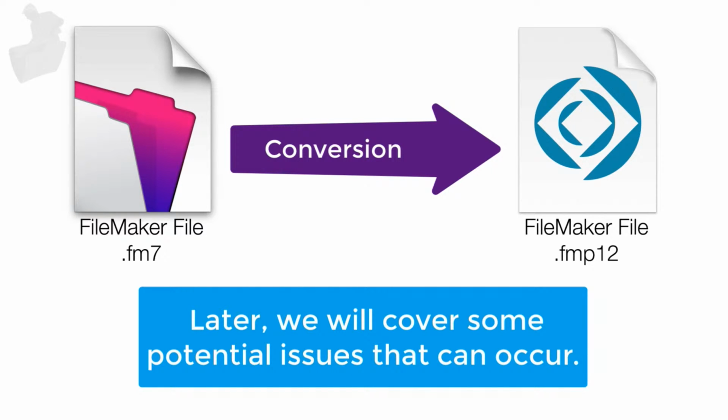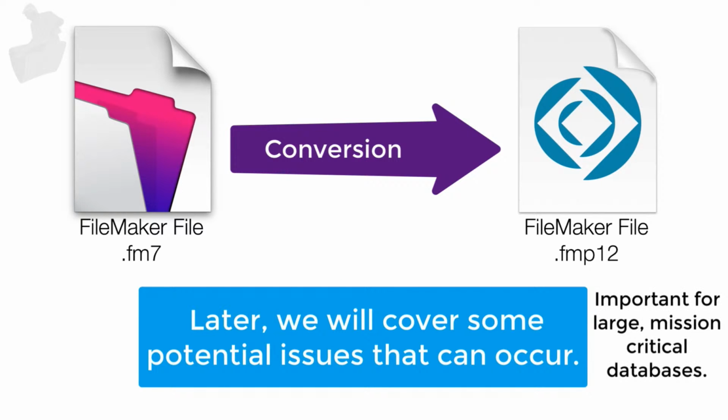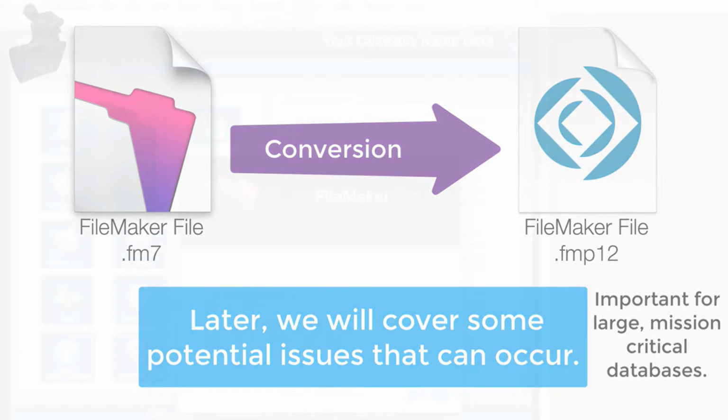Now, that being said, these probably only affect 5% of the people out there who are doing conversions. So it's really not much to worry about when converting from FP7 to FMP12. But if you have a larger database system, which is more complex and it's considered extremely mission critical, then it's something you want to pay attention to.